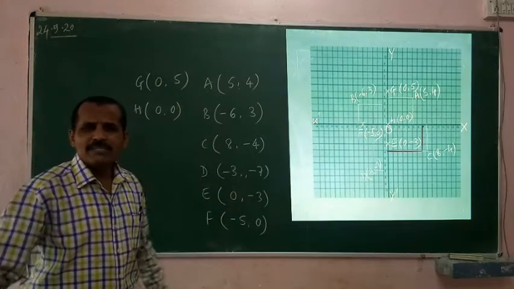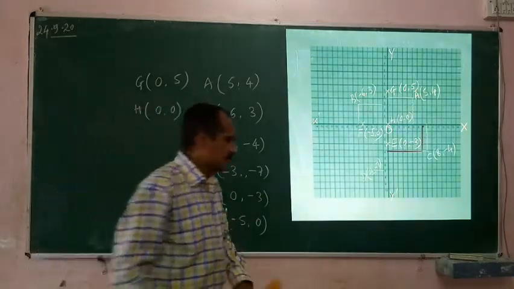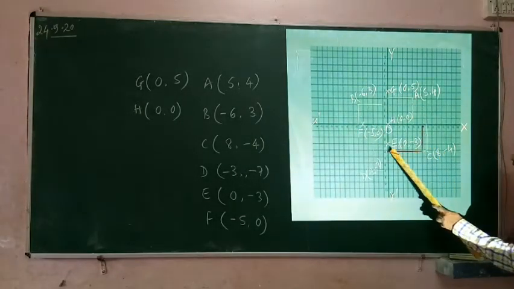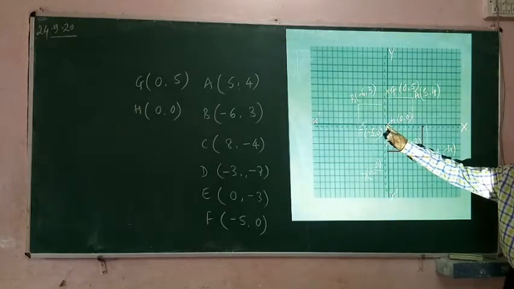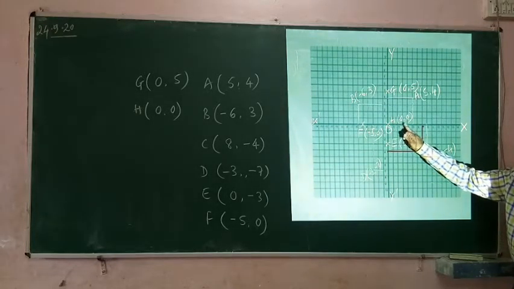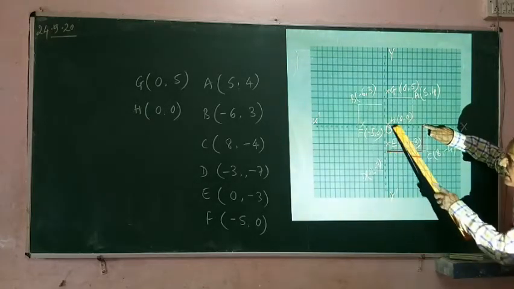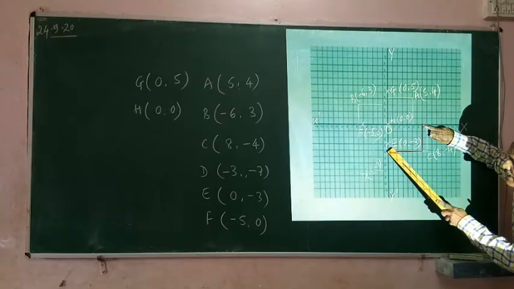Now it is very easy for you to plot any point on the Cartesian plane. Already I marked a point here with red. Can you tell me what its coordinates are? Again, I am standing here: 1, 2, 3, 4, 5, 6, 7. Coming on the y-axis, -1, -2, -3, -4.